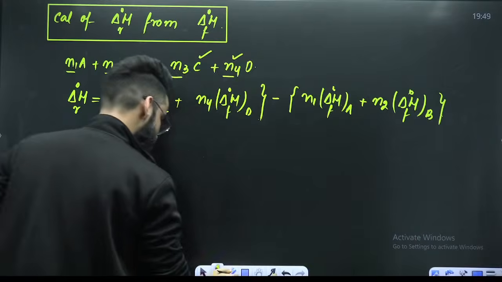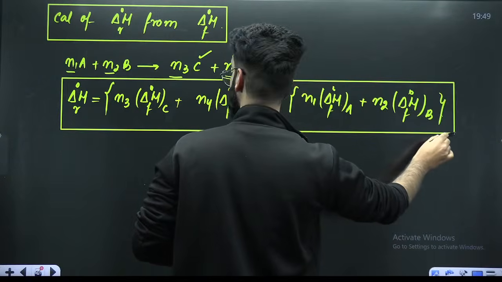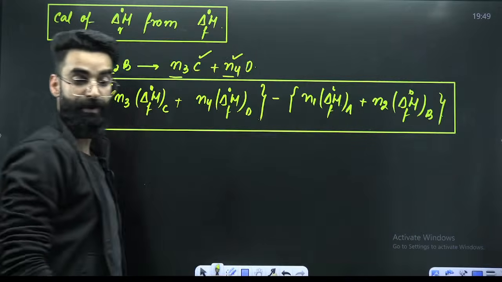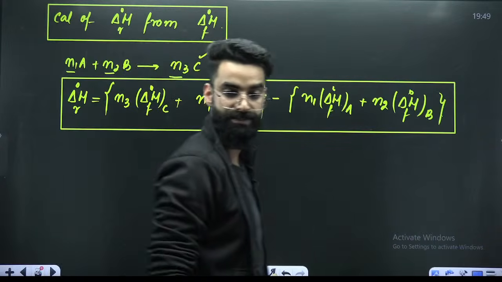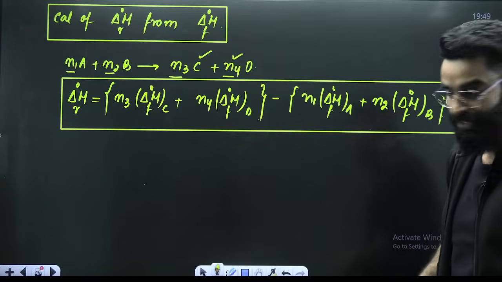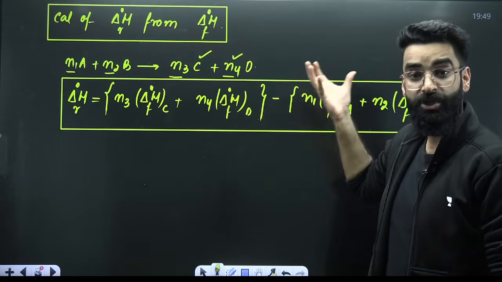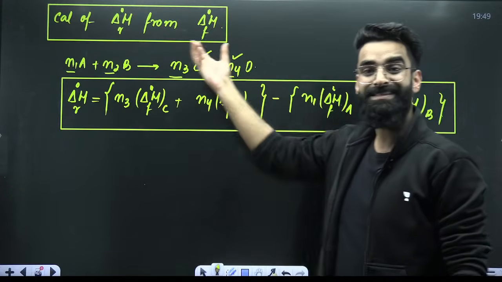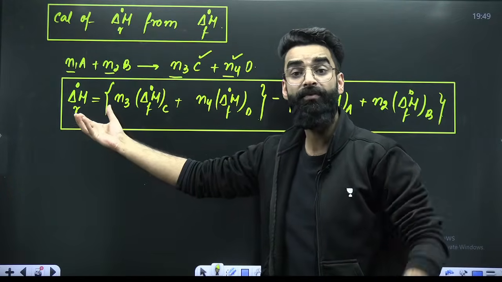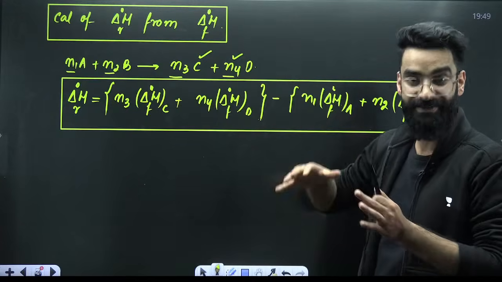My dear students, do remember this particular result as well. From this result, you can solve a lot of questions. This is the general result by means of which you can calculate the standard enthalpy of reaction from the standard enthalpy of formations of products and reactants.